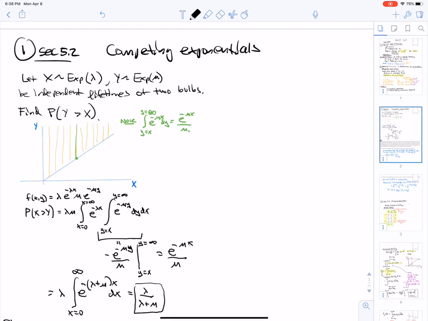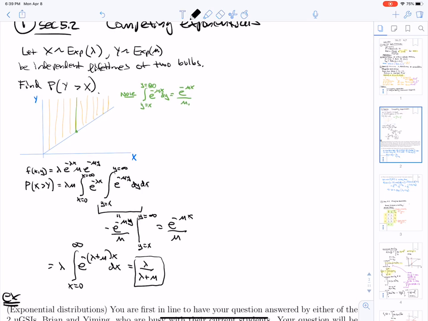So if X and Y are independent lifetimes of two bulbs, we were asked to find the probability that Y is greater than X. So we are integrating the joint over the region shaded in the picture below, and we get lambda over lambda plus mu, which makes sense because lambda is the rate.